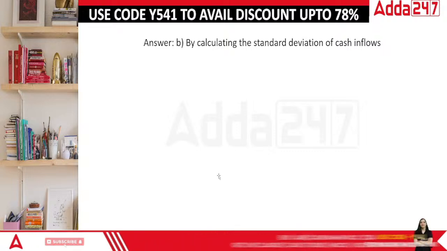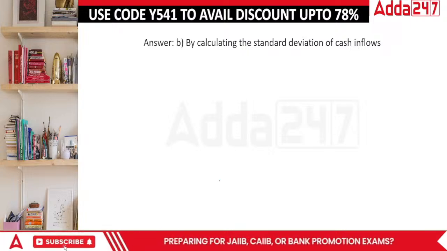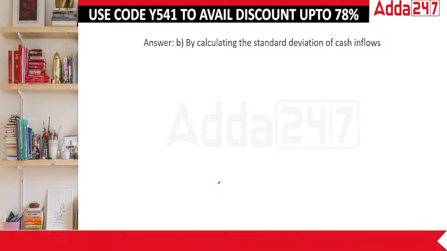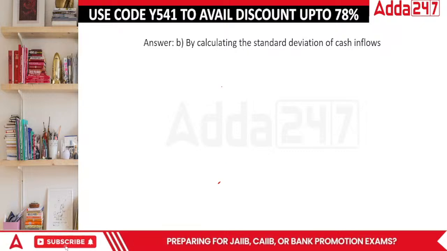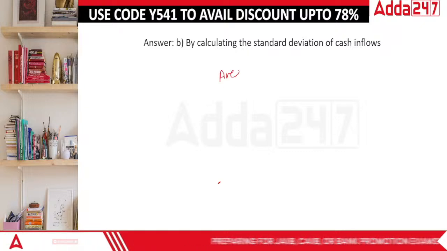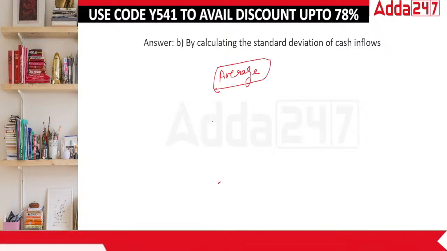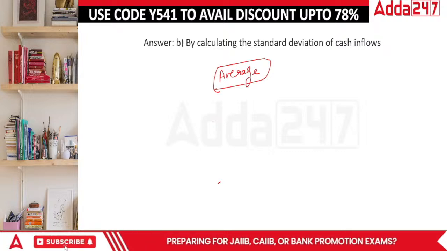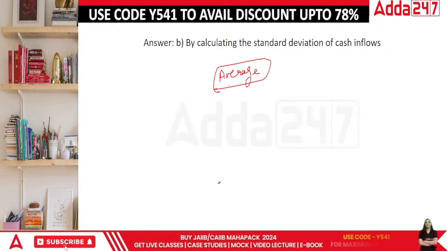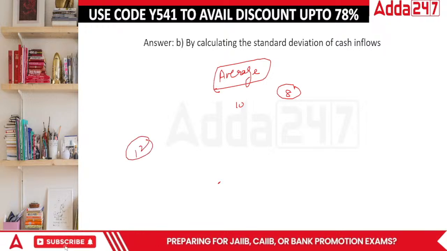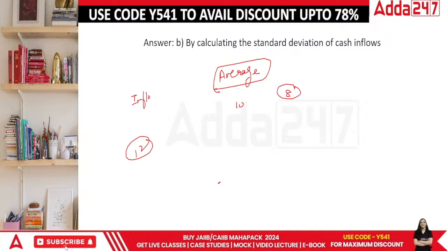If the average is 10 and you have 8 or you have 12, in terms of your inflows, it's good if you have 12.